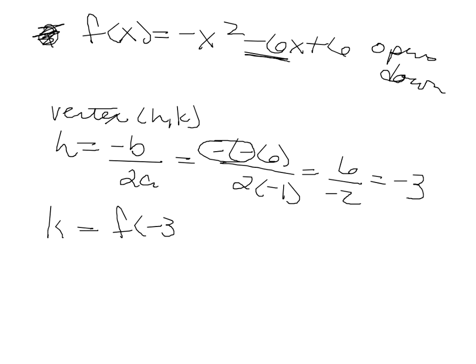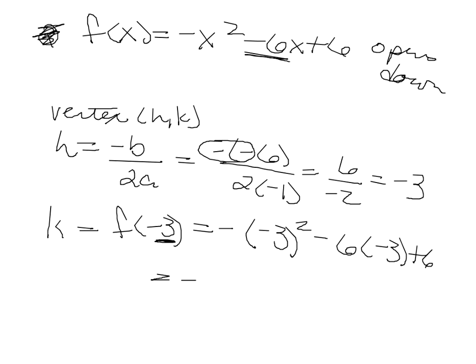And the k part, I plug in h, the minus 3, into my quadratic function. Okay, so I get, now this minus is going to stay, but minus 3 squared is plus 9, plus 18, plus 6. And I can also use my calculator to do that if I'm not as comfortable with order of operations.